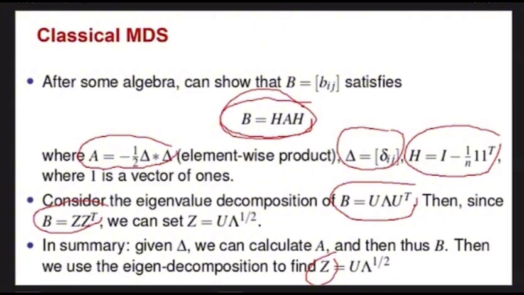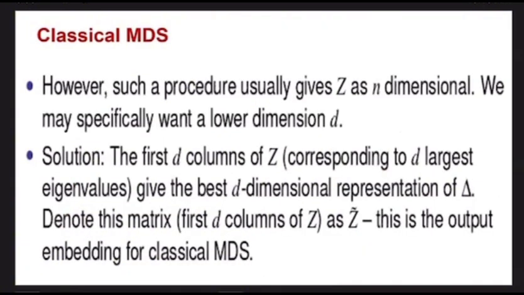Now, I said however, such a position we usually give Z as n-dimensional, and we may specifically want a lower dimension D. And the solution to that is we're going to apply our knowledge of eigenvalues in the singular value decomposition, where we're not going to use all the eigenvalues.